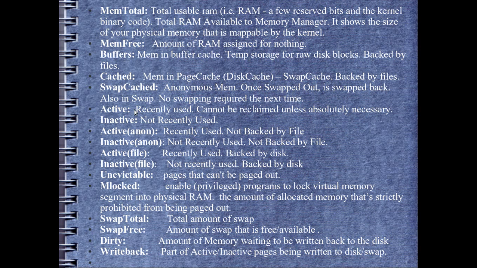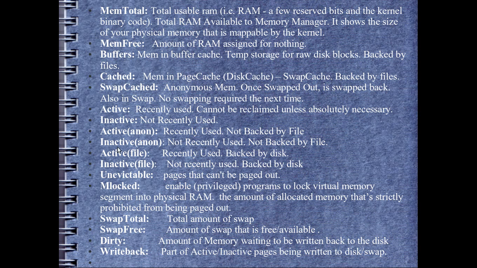So until and unless it's a compulsion, it will not free up any kind of RAM or any kind of pages which are active. Inactive, that are not recently used. Active anonymous, these are the pages that were used very recently. Anonymous means they are not backed by a file. For example, some MySQL queries, output of some MySQL queries.